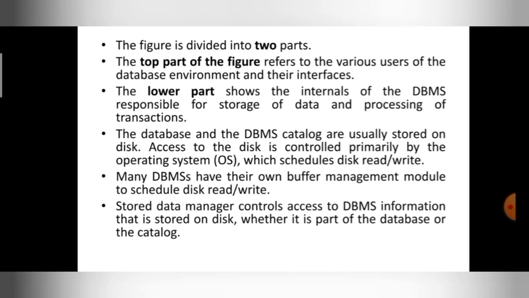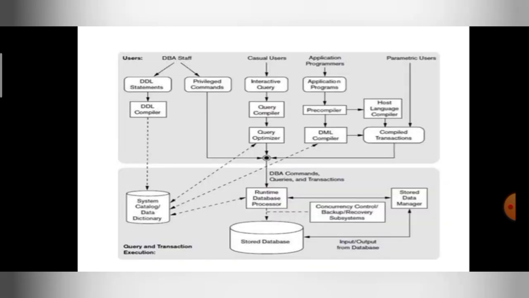For example, you can see in this diagram, the DDL statements are compiled using the DDL compiler, and they will be stored in your metadata catalog, because whatever the creations, whatever the alterations, that should be purely related to metadata. Metadata will be affected, right? That's why that will be taken care of by the DDL compiler, the definition language compiler, and those changes will be stored in the metadata catalog.